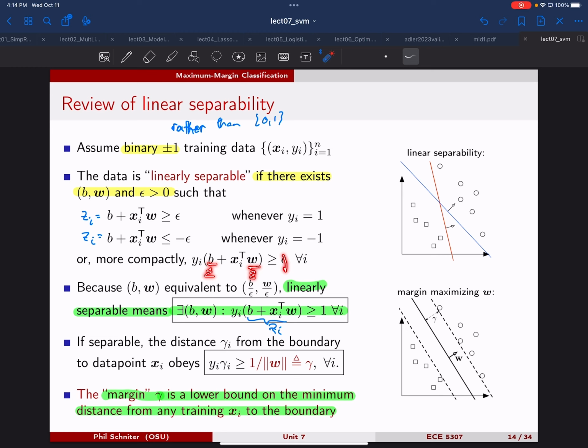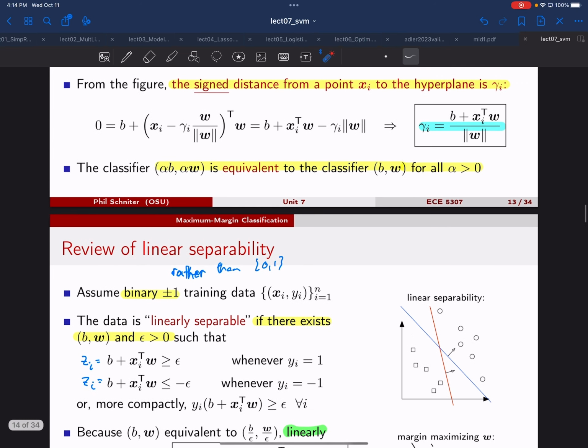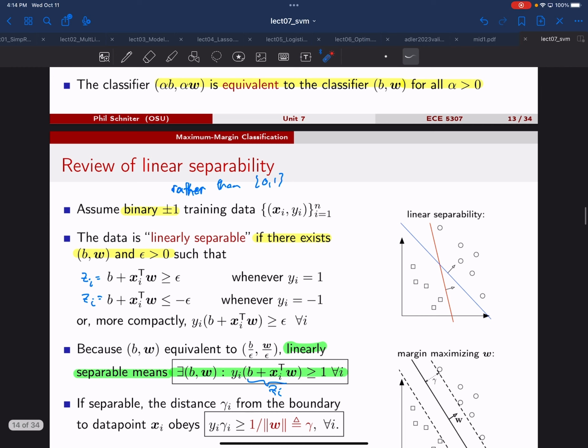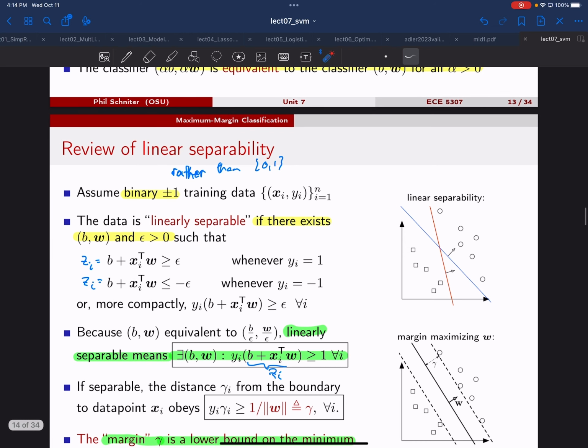And now this is like equivalently using a new weight and intercept scaled by epsilon. And what we said earlier is that whenever you have this scaling for any positive scalar, you essentially get an equivalent classifier. So from another perspective, if you can find a B and a W that works for one single epsilon, then you can just scale the B and W and it will work for any epsilon.